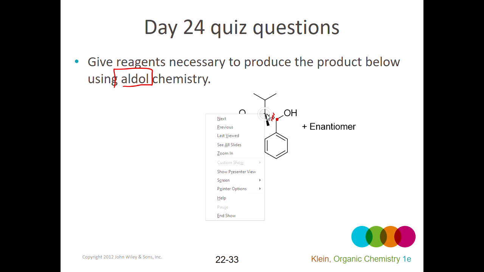Because it's always the alpha carbon, the carbon that's one away from the carbonyl, that attacks what used to be a carbonyl, pushing electrons up to become an OH group. So this is the nucleophile. This carbon here, it's got a methyl and an isopropyl. And that carbon is going to be the enolate. It's going to attack this other group.